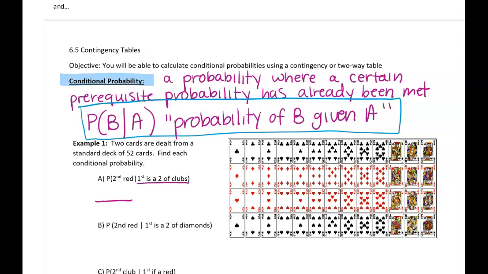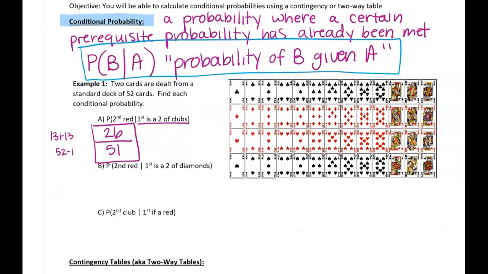If the first is a 2 of clubs, and we had 52 cards, 52 minus 1, we have 51 cards left that we're choosing from. Out of those 51, we have 13 diamonds and 13 hearts. So we have 26 options. So our probability that the second is red, given that the first is a 2 of clubs, is 26 out of 51.